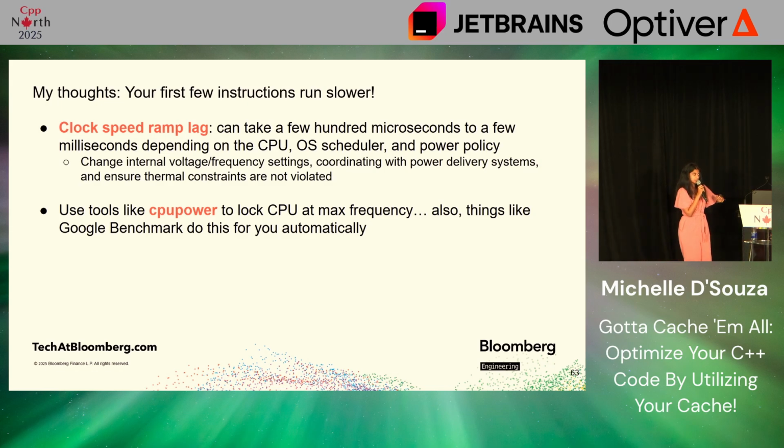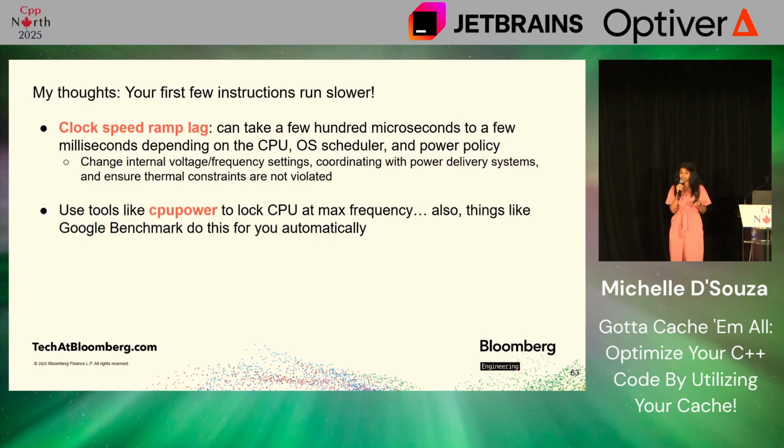It takes 100 microseconds to a few milliseconds to change the internal voltages or frequencies on your device and coordinate with any power delivery systems to use more power when running your program. And your computer also needs to make sure it doesn't use too much power, because then it will blow up. So all of this takes time, and the first few things will run slower.